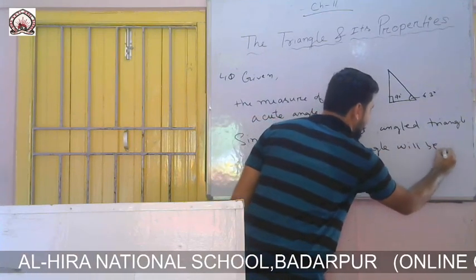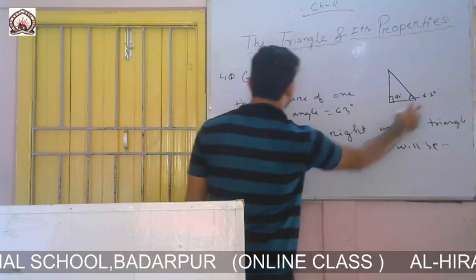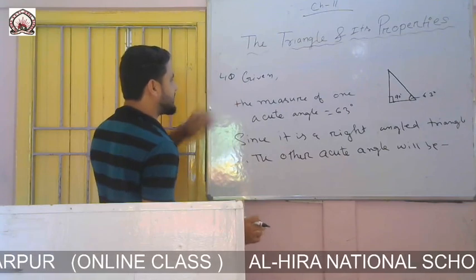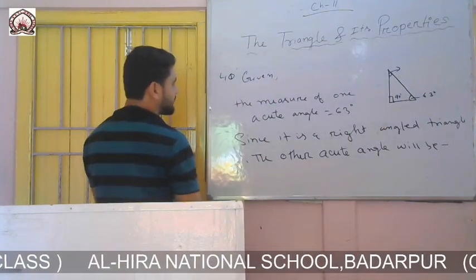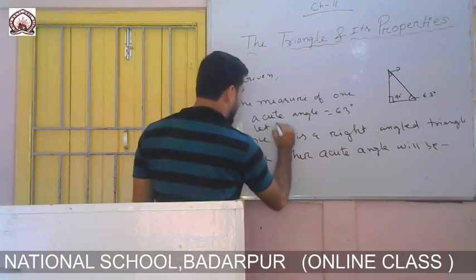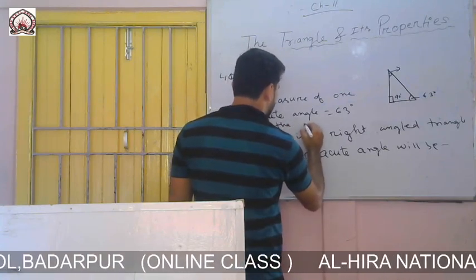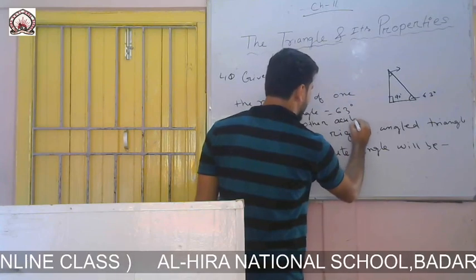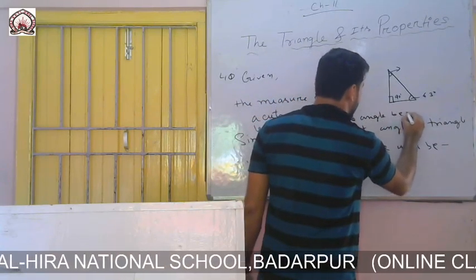will be what? X. So one thing you write on the first portion of the maths: you write here, after the measurement, let the other acute angle be x.